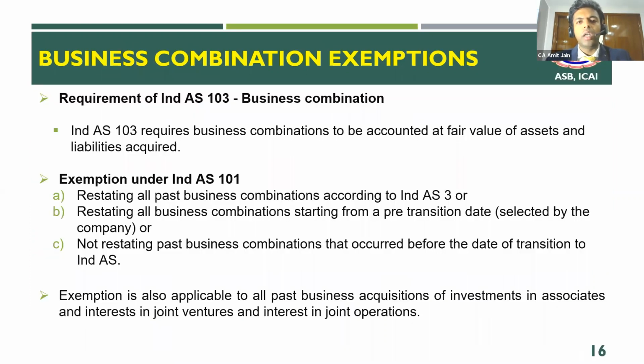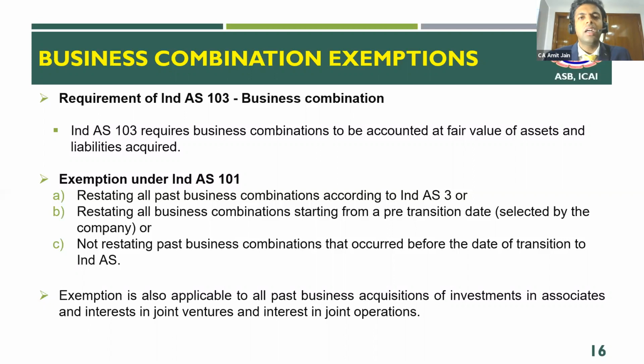First of all, we need to understand what a business combination is, right? Business combination is defined under IND-AS 103, which is a standard which talks about the detailed accounting treatment in case of the combination of businesses, right? That standard says what a business is.